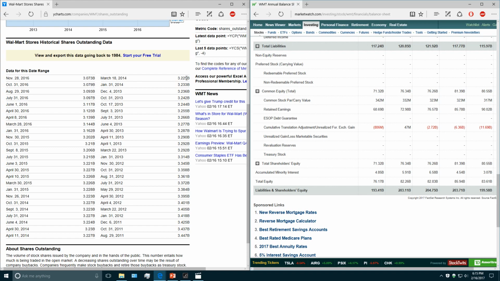That's quite a few numbers, and you can see from the charts here, starting from 2011, that it is going down. That means the company Walmart is buying back its stock and retiring them. That's going to be a different video, but usually when you repurchase a share, it is called a treasury stock, which would appear here. But like I said, I'll make another video.